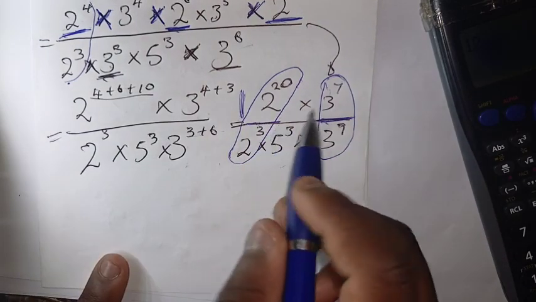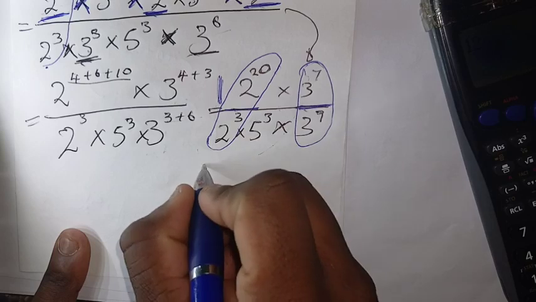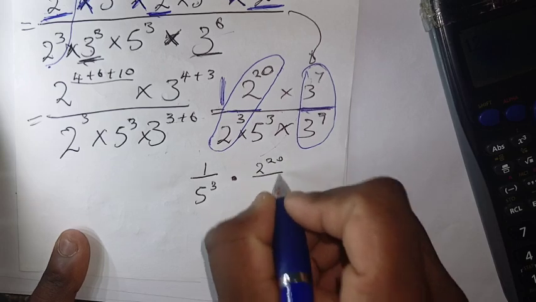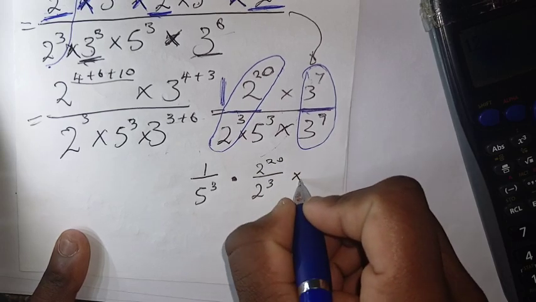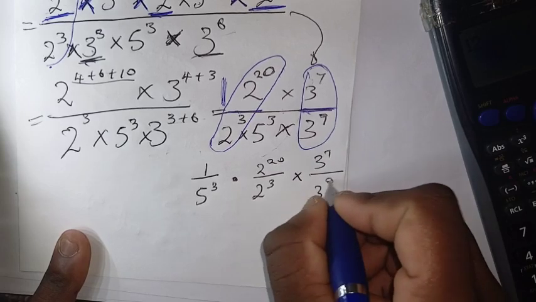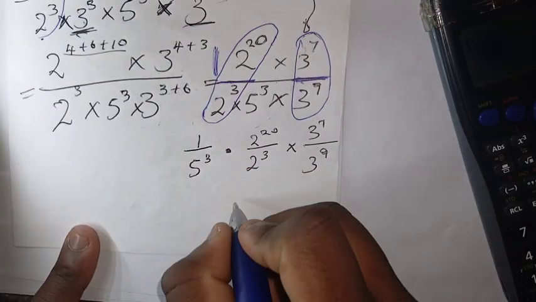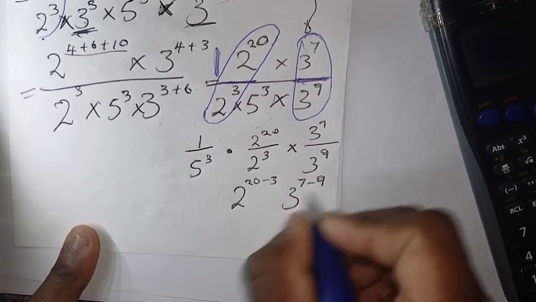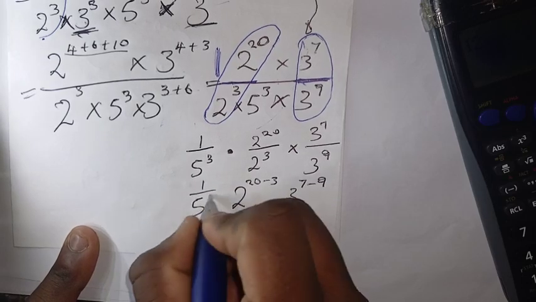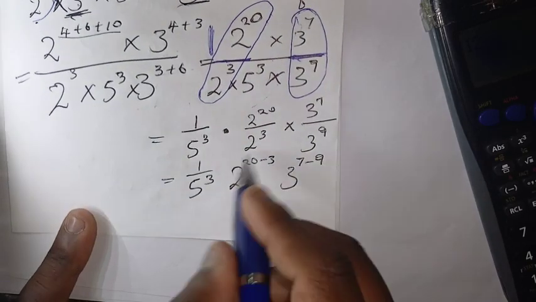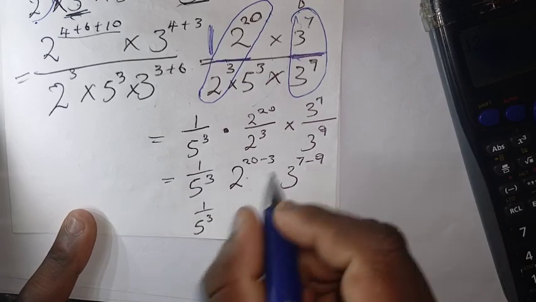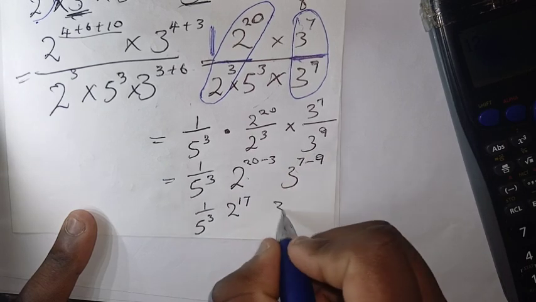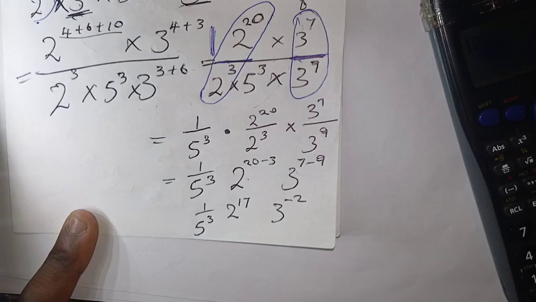The moment I separate this fraction, it becomes 1 over 5 to the 3 multiplied by 2 to the 20, and here it is multiplied by 3 to the 7 over 3 to the 9. Meaning I can also write it as 2 to the 20 minus 3 and 3 to the 7 minus 9, and here 1 over 5 to the 3. This gives me 2 to the 17, and this one gives me 3 to the minus 2. Do you see my working?